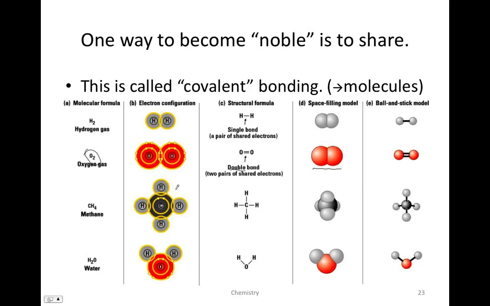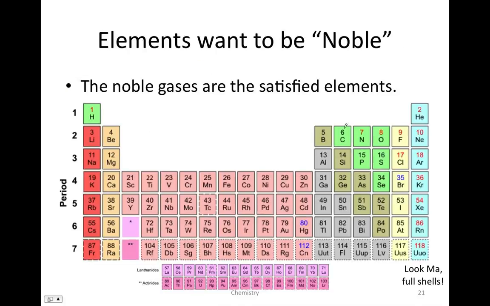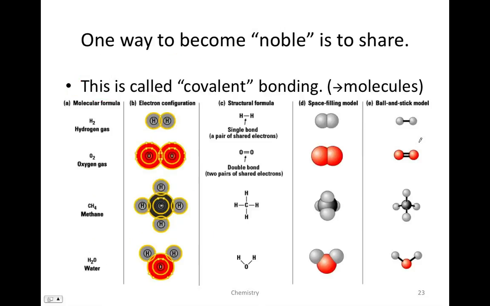Carbon wanted 4 bonds, or 4 electrons, 1, 2, 3, 4, before it became neon-like. And hydrogen wanted 1. So carbon can share with each of 4 hydrogen atoms, and that arrangement makes a molecule CH4. That's methane, or natural gas.